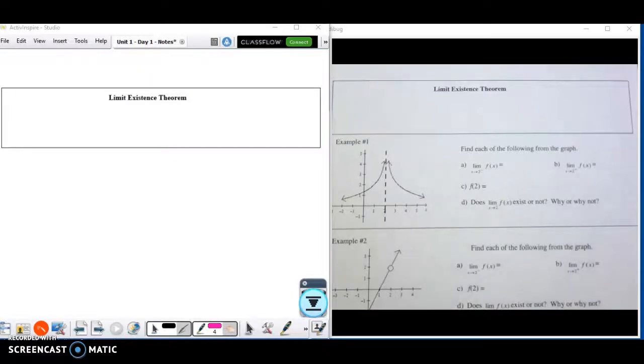Alright, so now that we've looked at the graphs a little bit, we're going to talk about what's called the limit existence theorem.